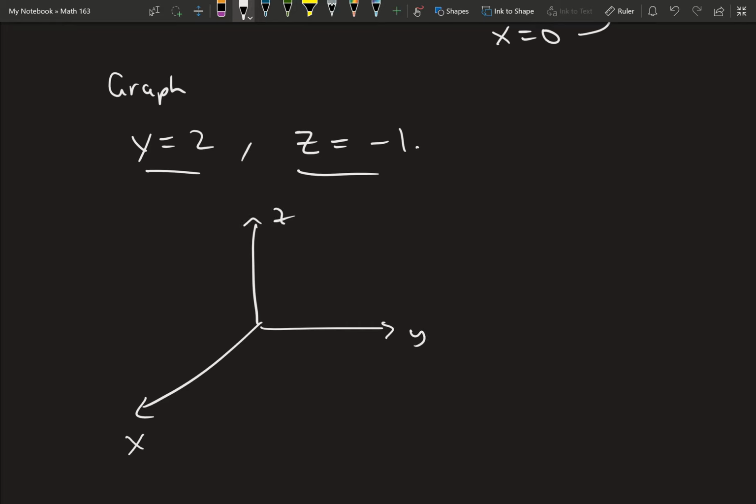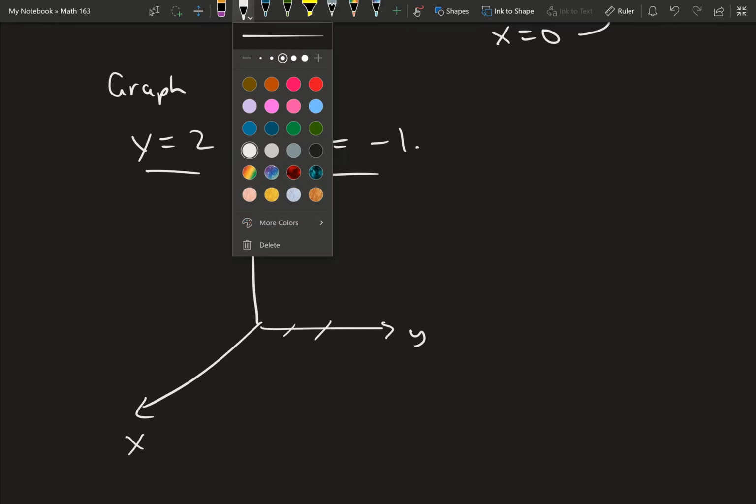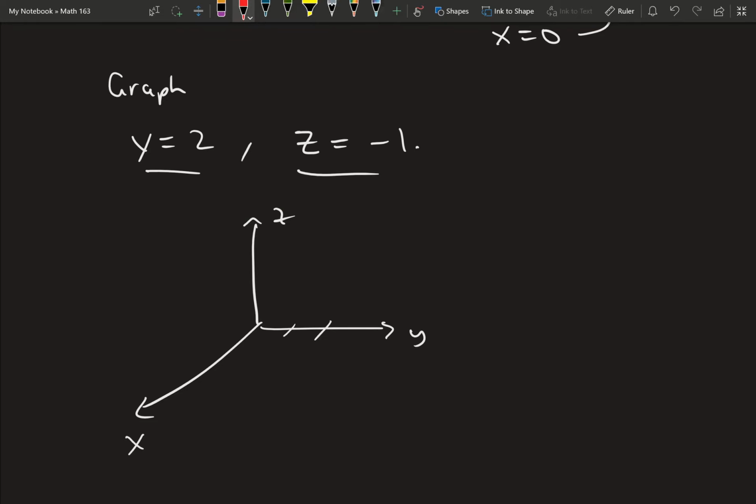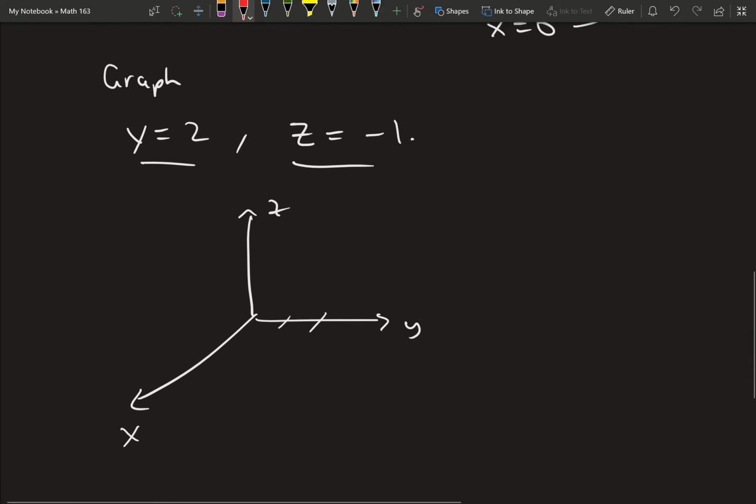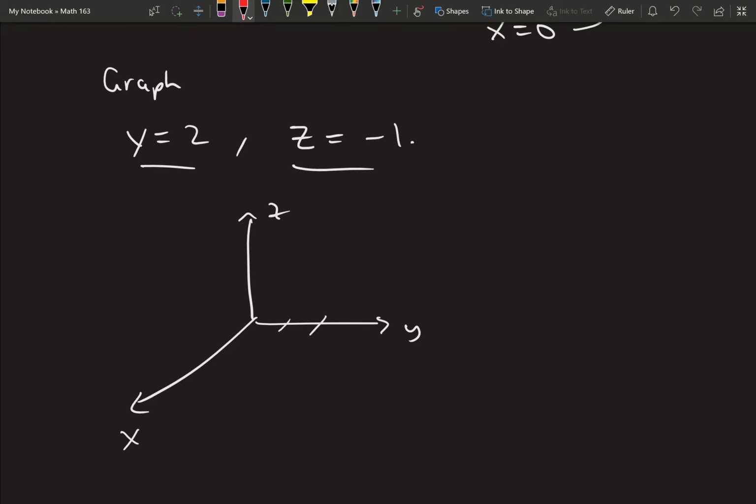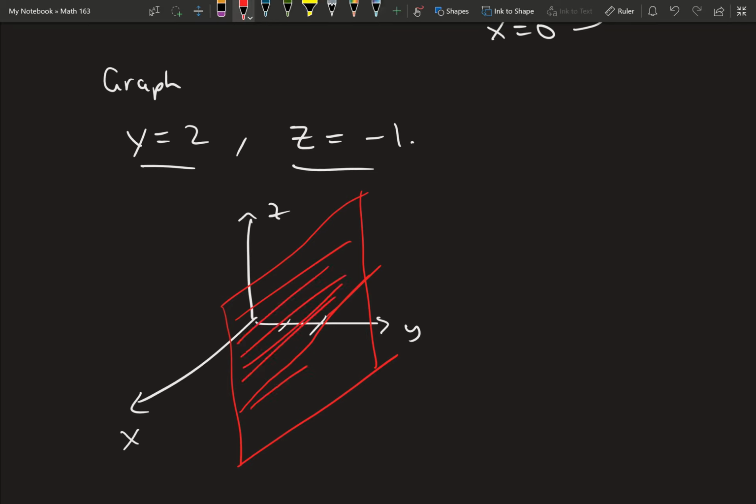If y is 2, well, we go 1 and 2, and let me again use a different color for this. Well, y is constantly 2, so we definitely are including, say, this line, but then we can also include the line, say, above here that includes it. So we actually get this entire plane of y equaling 2.